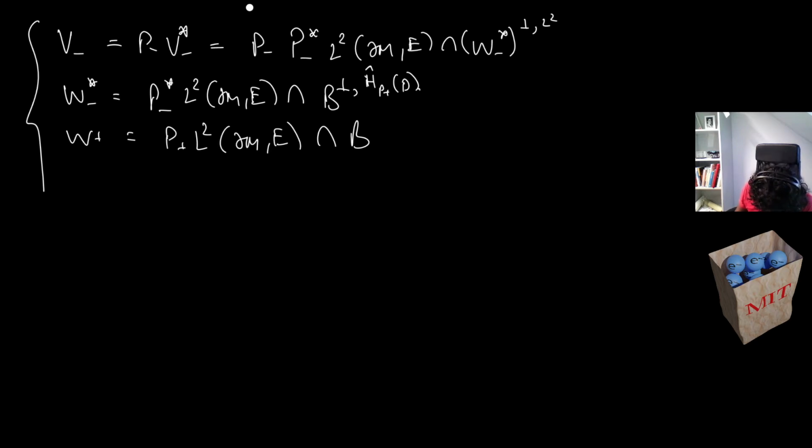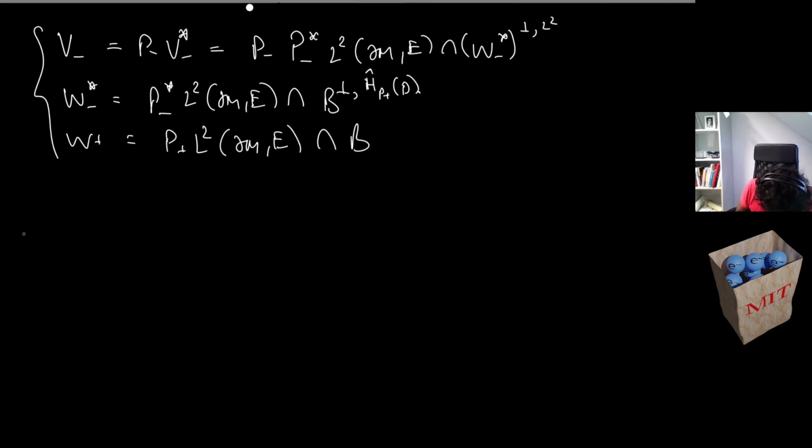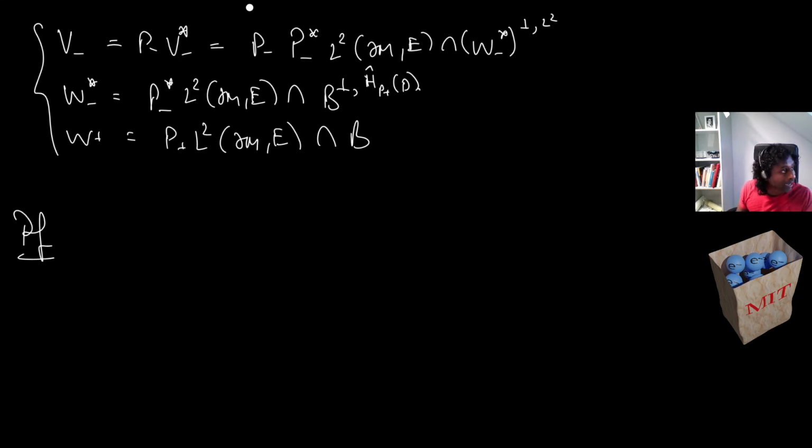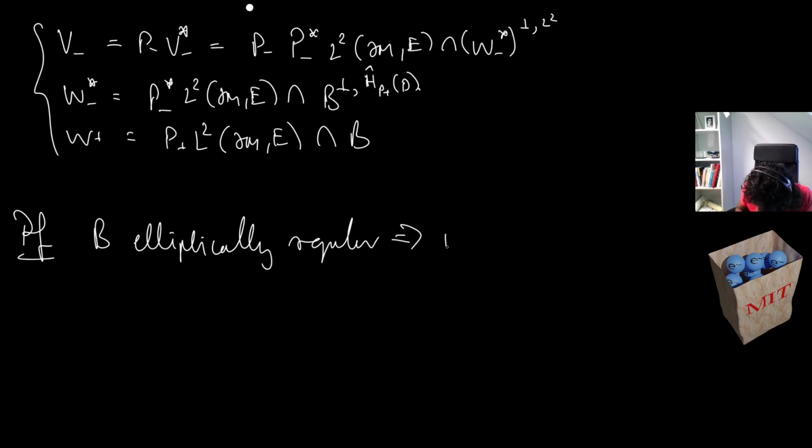I won't get into talking about any of the other spaces because we will show that this suffices, right? So all right, now the proof that we will have today is that B elliptically regular implies B is L2 graphically decomposable.